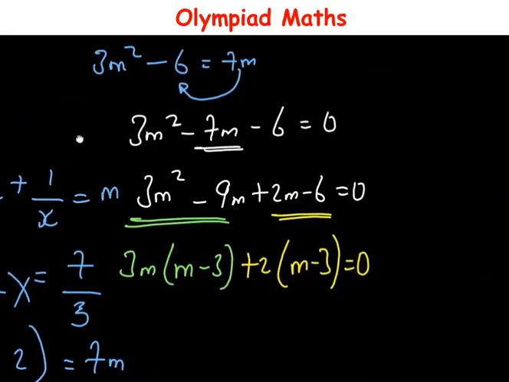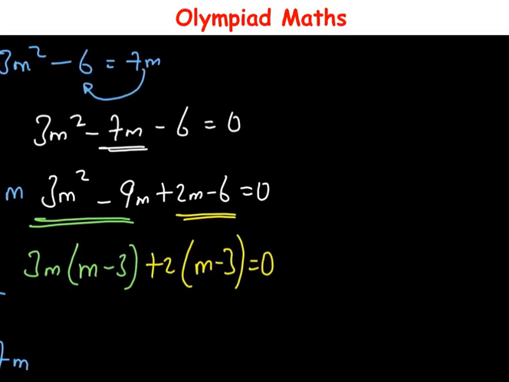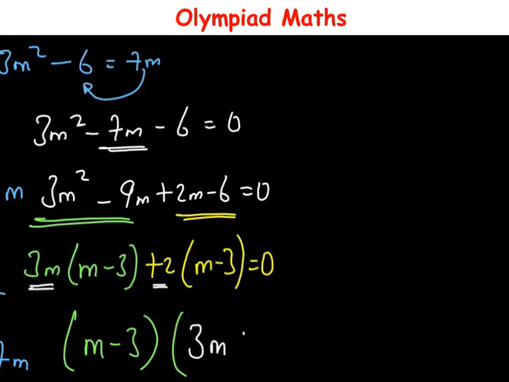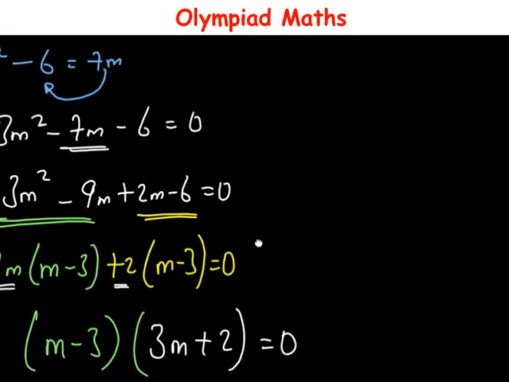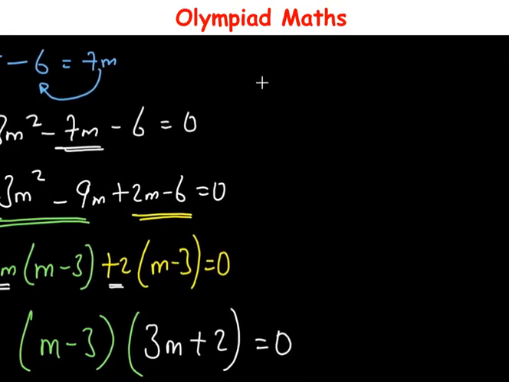We have a common factor, m minus 3, so pick one into brackets, and the ones outside, 3m and plus 2, put into one bracket, 3m plus 2. At this junction, we equate these two to 0: m minus 3 equals 0, or 3m plus 2 equals 0.